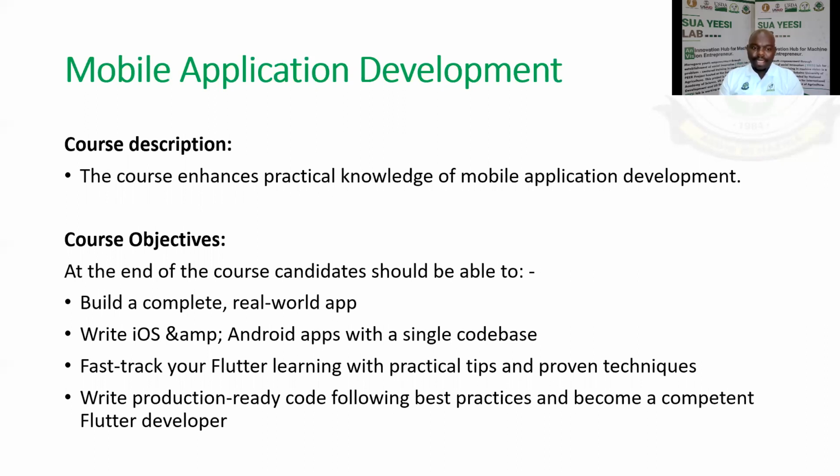And then fast track using Flutter, learning with practical tips and proven techniques. With this subject, it's not necessary to use Flutter. We can use any, for example, React Native, right? We can have Angular that can also be used to develop these mobile apps, and write production ready code from best practices and become a competent mobile app developer.